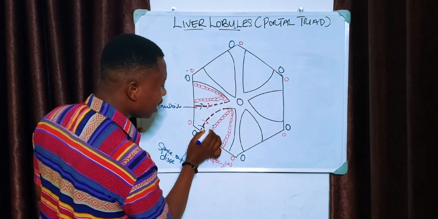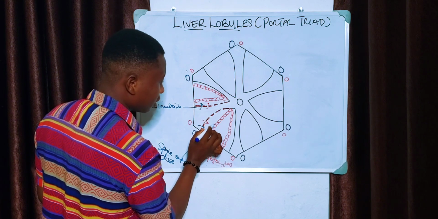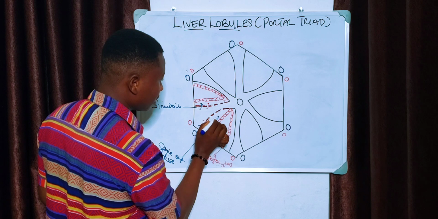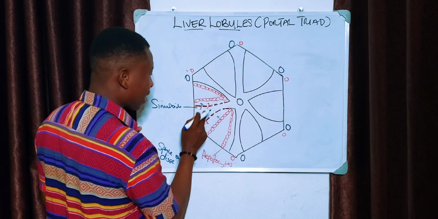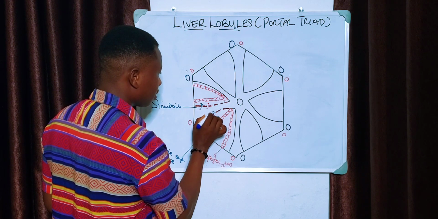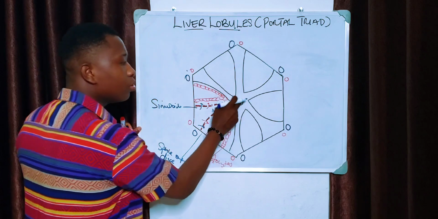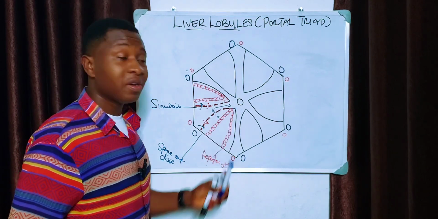Substances are released into the space of Disse as well. These substances also go back into the sinusoid space, and finally it is emptied into the central duct here, the central vessel.